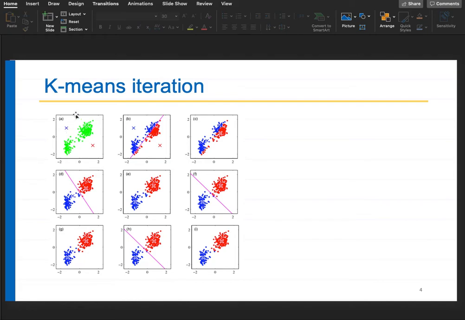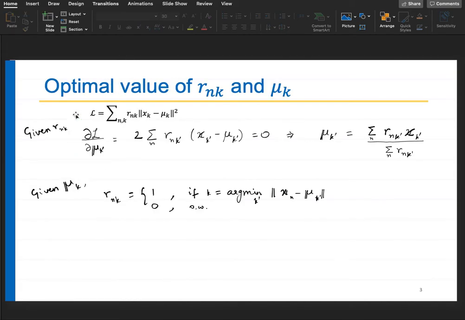So now I have to find the cluster assignment. I have to find R and K. How do I do it? Okay, this is this part. Given the mu K, I have to find R and K. Now I go to each sample and ask it, if you look at this original loss function, whether xn is closer to mu1 or mu2.